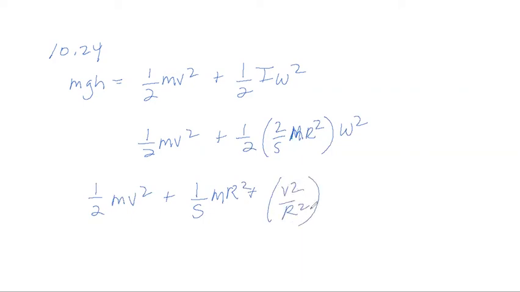These guys will cancel, and solving for v, this is mgh, the M's go. V is going to be equal to the square root of 10/7 gh. All right, that is the speed at the bottom.